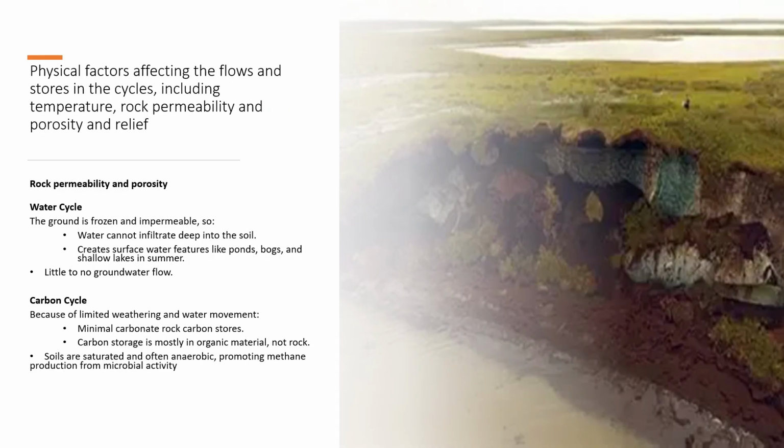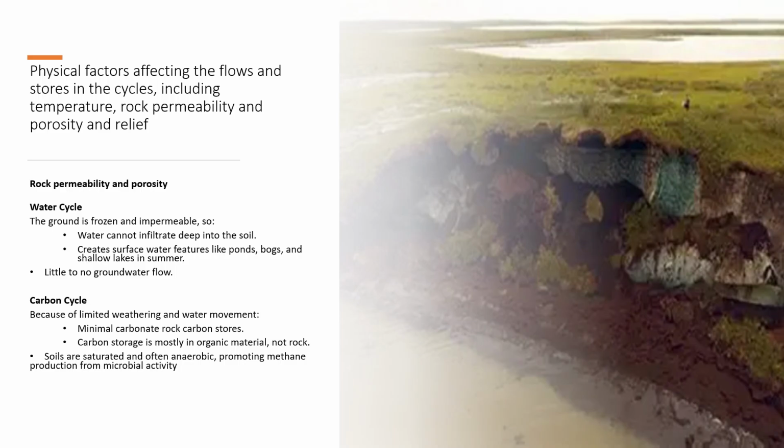We also have rock and rock variability. You've got all different types of geology there, but what is happening, and the key thing here, is that the permafrost changes the rock permeability. So that permafrost makes the rock impermeable. So in the summer, when the active layer melts, the water that was frozen in the active layer can't infiltrate because the permafrost is impermeable.